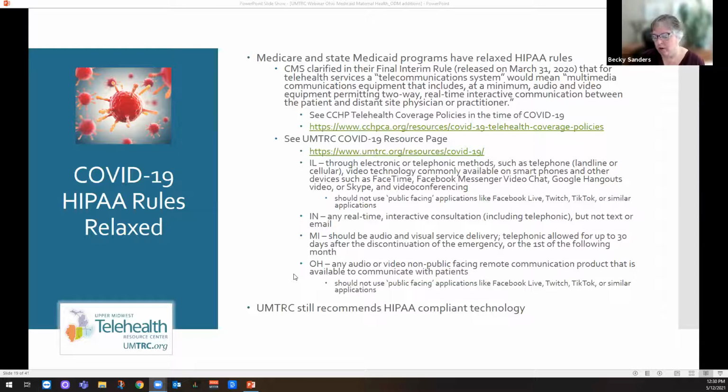So all 4 of our states that we cover, including Ohio, are on here with the specific language that is in their Medicaid program for their waiver.